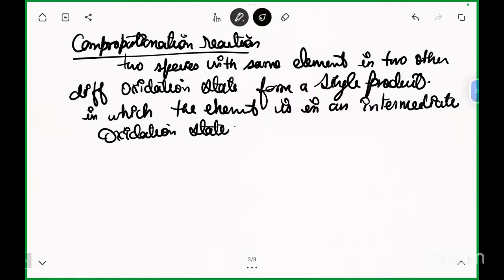You can say it is simply the reverse of the disproportionation reaction.